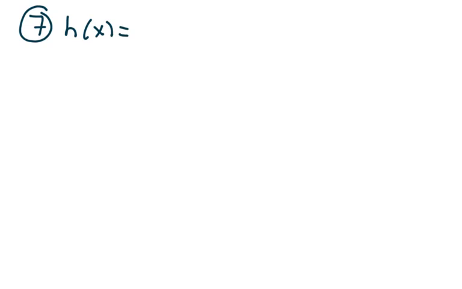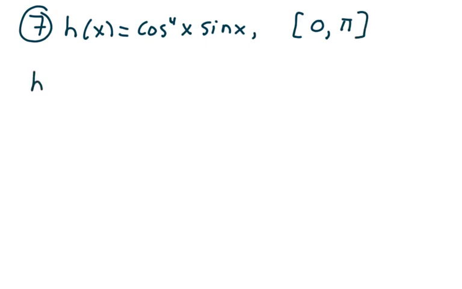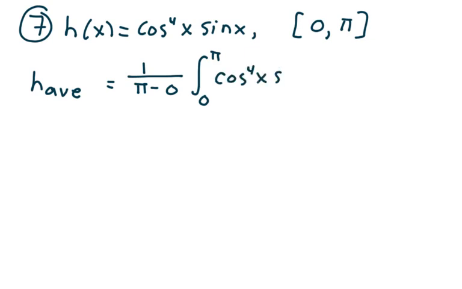Suppose h of x is cosine to the 4th x sine x. And my interval is from 0 to pi. And so the average value of h, I always write this way, is 1 over pi minus 0 times the integral from 0 to pi of the function cosine to the 4th x sine x dx.